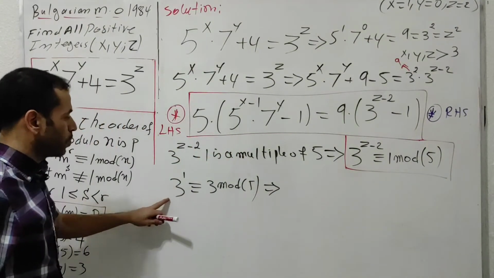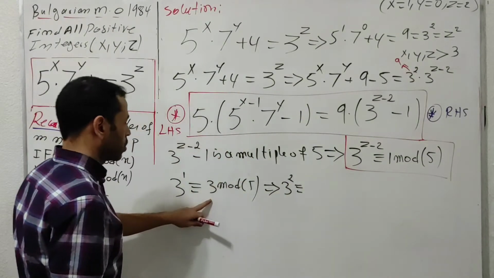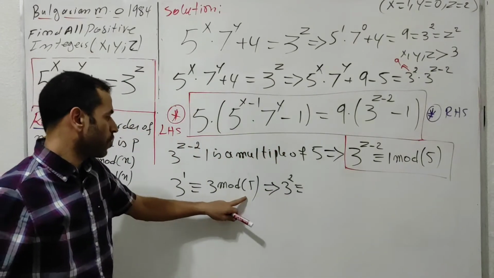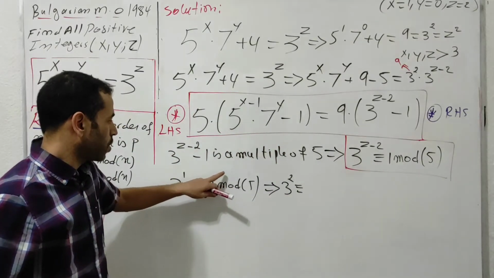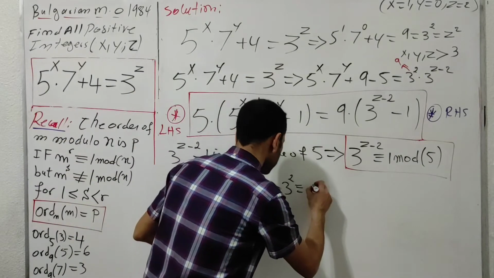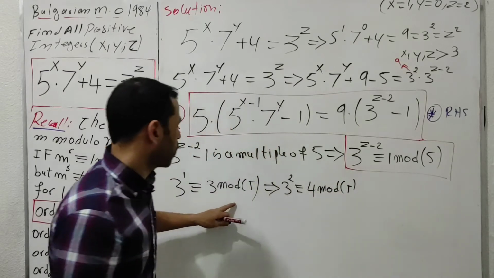So I'm going to multiply both sides by 3. I will get 3 squared is congruent to 9 mod 5. 9 mod 5 is 4, because 9 is 4 more than 5. That means I have 4 mod 5, because 5 mod 5 is 0.